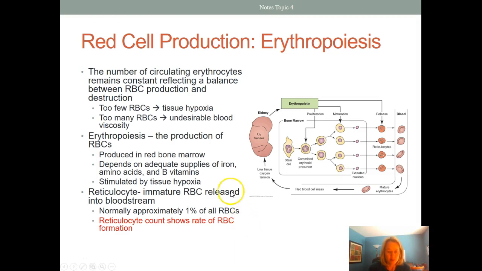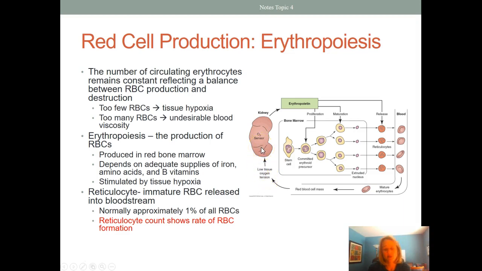Red blood cells are produced in the red bone marrow, and they're going to depend on adequate supplies of iron, amino acids, and B vitamins. Now, this production of red blood cells is going to be stimulated by tissue hypoxia. So when we have less red blood cells, we're going to have lower tissue oxygen tension.